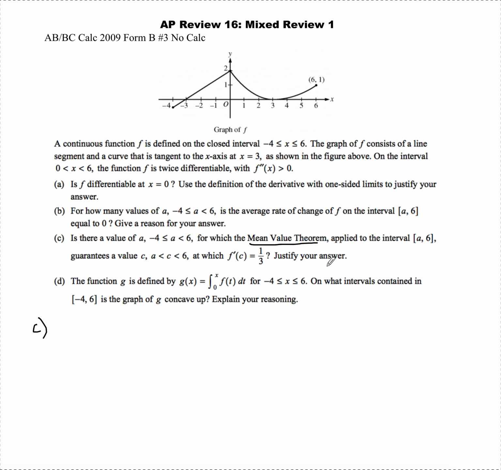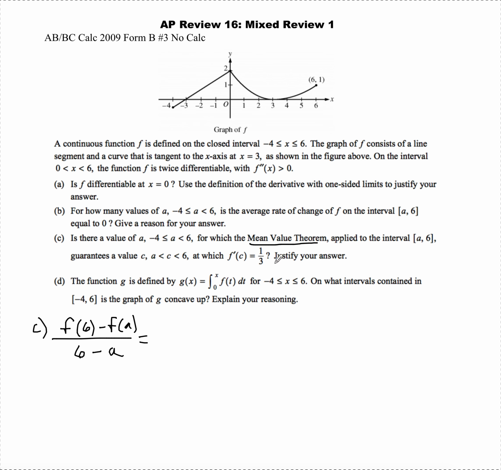All right? And whenever we do the mean value theorem, we need to set up a difference quotient. So the mean value theorem always says that there's a place where the average rate of change on that interval equals the derivative at some spot.